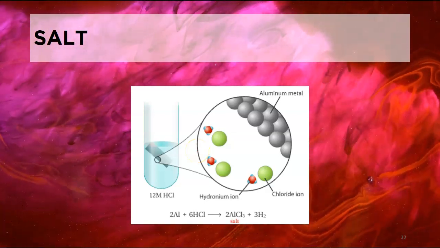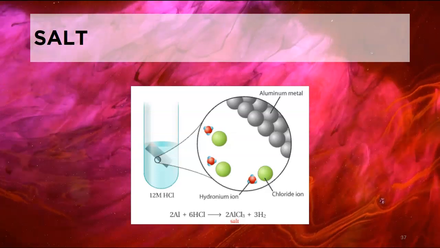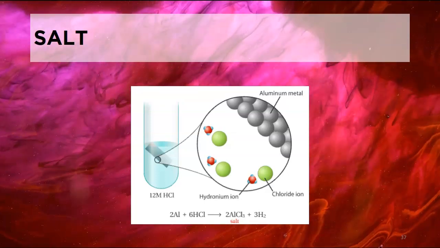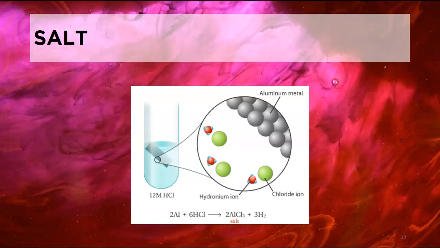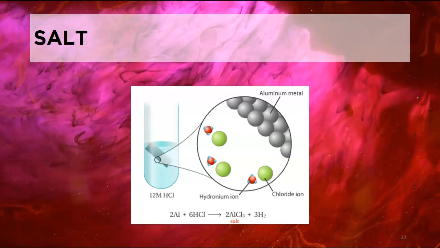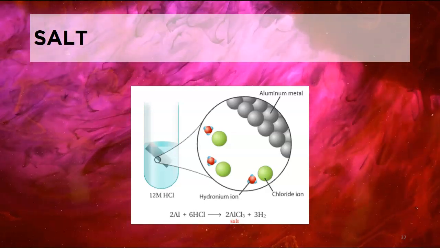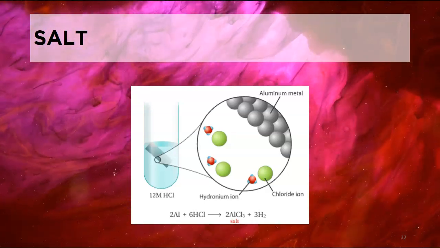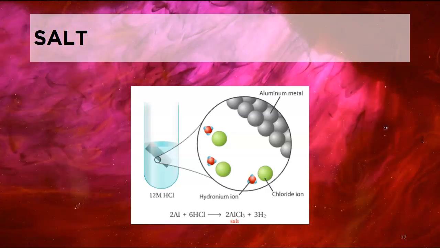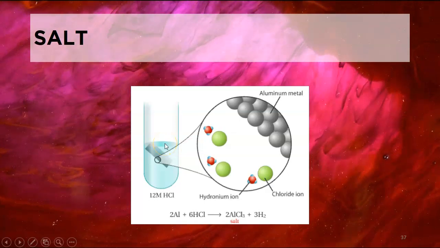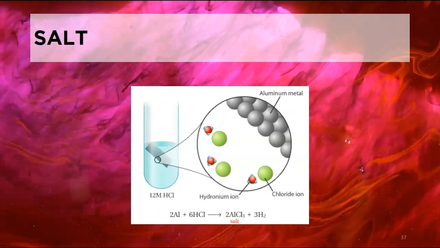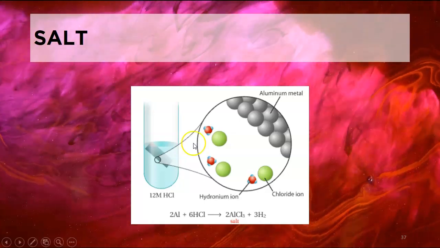To define a salt, we've neutralized some acids before. Basically, when I take an acid and a base and neutralize them so that I get either water or, in this case, hydrogen gas, the other substance that's left behind is going to be a salt. When I take hydrochloric acid and sodium hydroxide, let me write this out here.